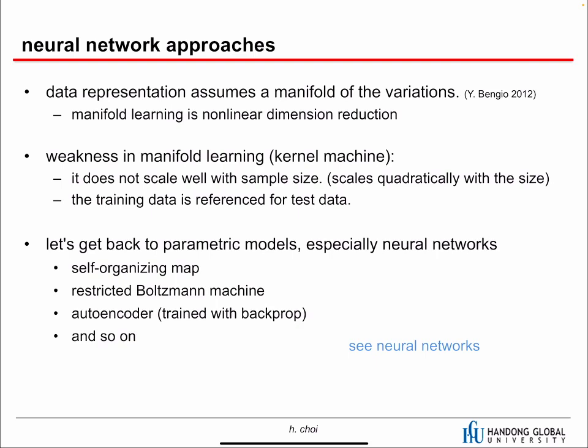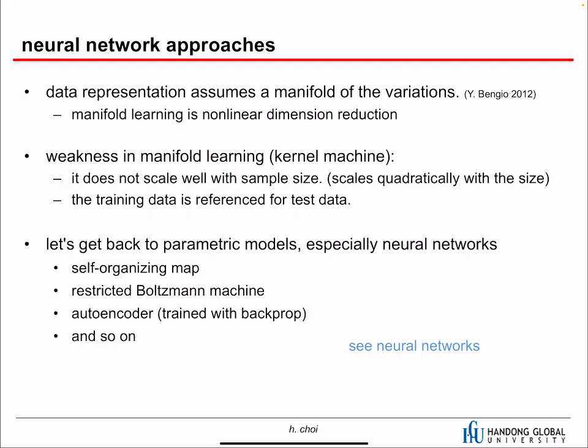The reason why these methods have this limit is that they are non-parametric methods. To overcome these limits, let's get back to parametric models, especially neural networks, like the self-organizing map, restricted Boltzmann machines, autoencoders, and so on.